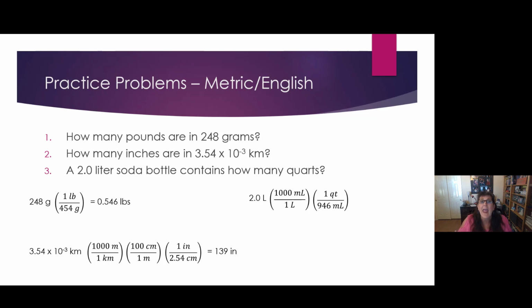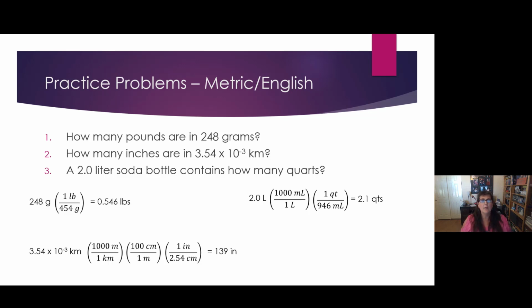It's at the end and it's after the point, so it counts. So 2 sig figs. The conversion, 1,000 milliliters over liter, is exact. 1 quart over 946 milliliters has 3 sig figs, but we go with the least. 2 is less than 3, so 2 sig figs. So round this number to 2 sig figs, and it's 2.1 quarts. 2.1 quarts.